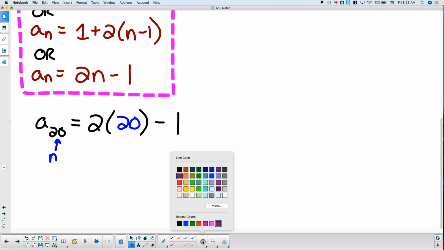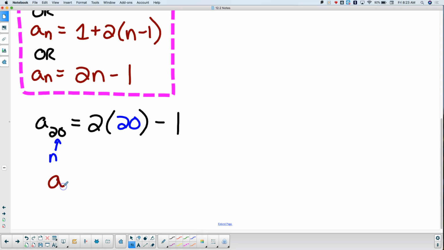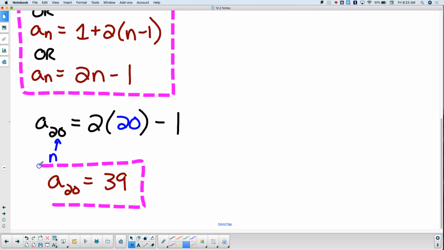So the 20th term of this sequence is 39. Okay?